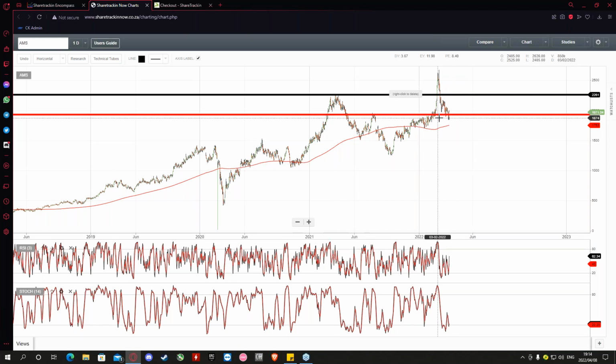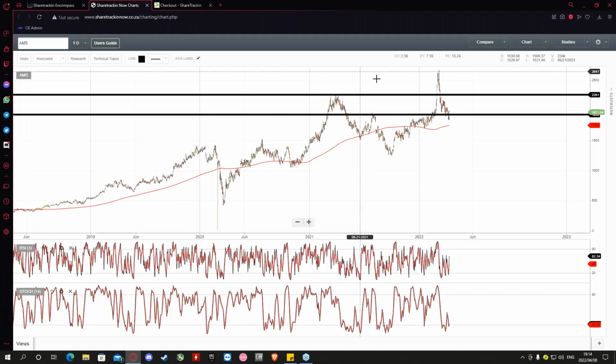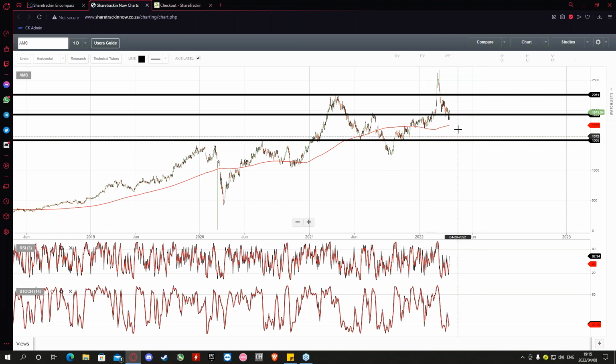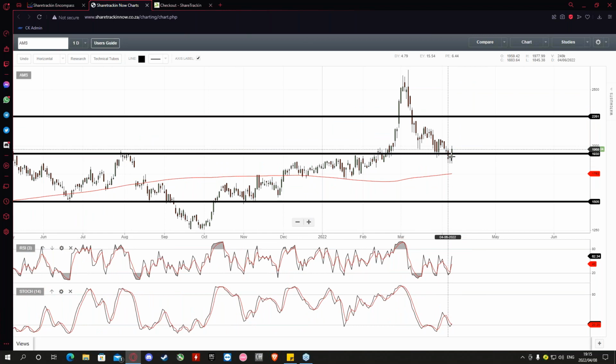That's basically your support level, and the potential downside on this one is 1,507. 1,507 would be down here, so that's basically where the share needs to fall. It's approaching the level. We can see it already went through the line, but it's green again, so it needs to break through again. It needs to go down through this line, and then down to this line over here. Then you can trade it as a CFD in a downwards direction.